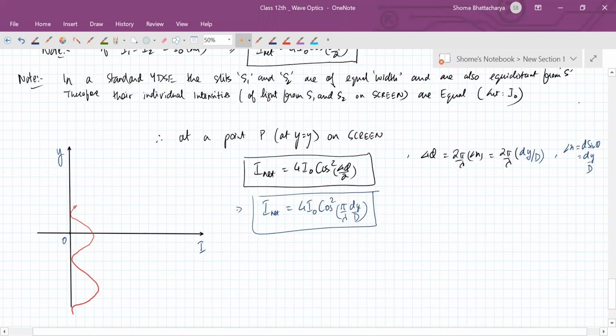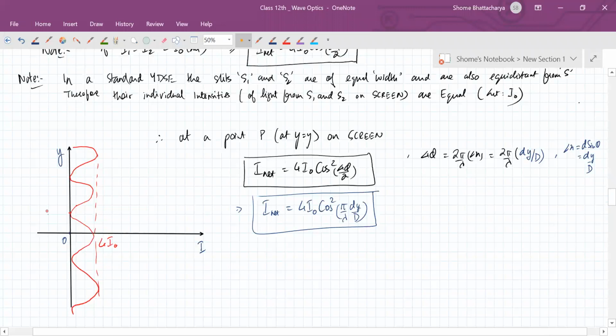Symmetric on either side. These values are 4 I naught, and this is where the dark fringe is located.